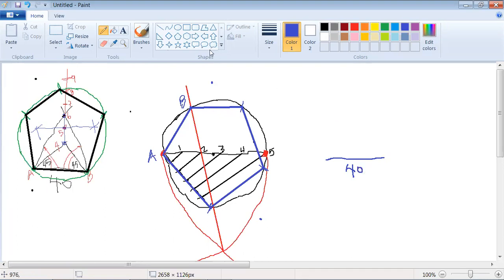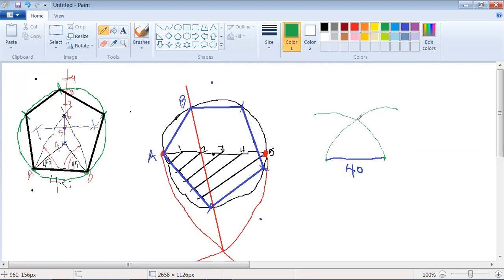And then you use the compass to put it from here to here, and the compass will create this arc. Then you stand it at this point to this point, and the compass will create the next arc.